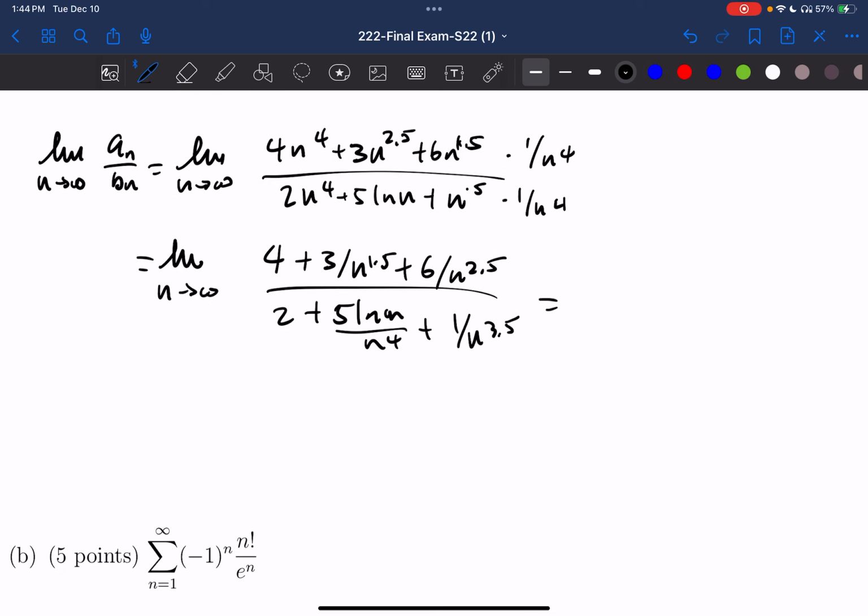This term will go to 0, this term will go to 0, this term will go to 0, this term will go to 0. So we're going to end up with 4 over 2, which is equal to 2, which doesn't equal 0.